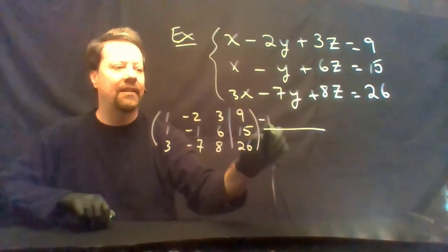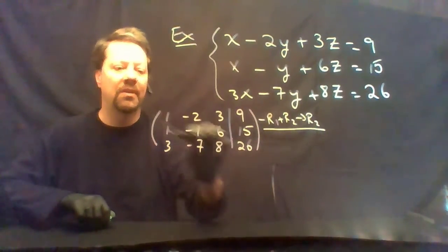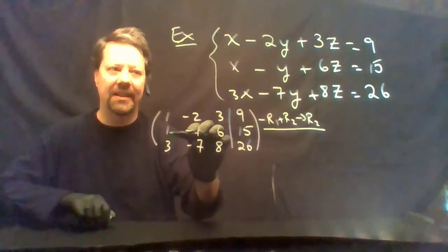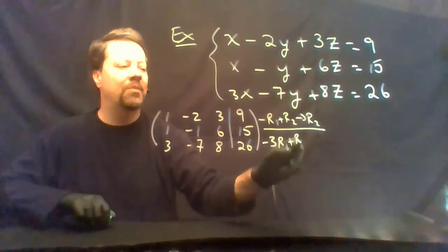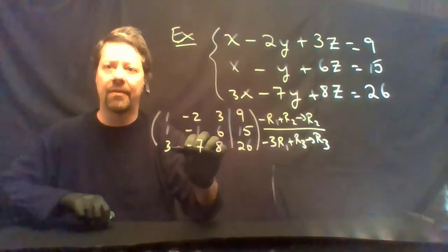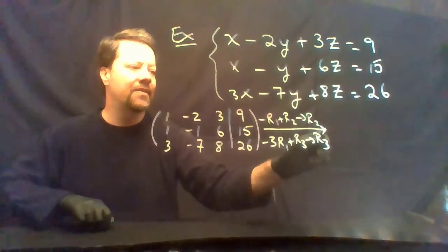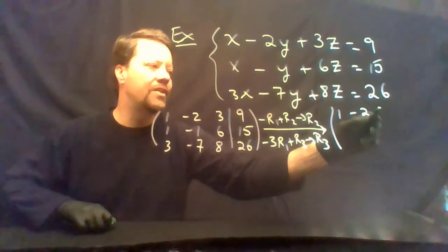If we take negative row 1 plus row 2 to yield a new row 2, we'll get a 0 under the first leading 1. We'll do negative 3 times row 1 plus row 3 yields a new row 3, giving us a 0 in the third row as well, under that first leading 1. The first row will stay unchanged.